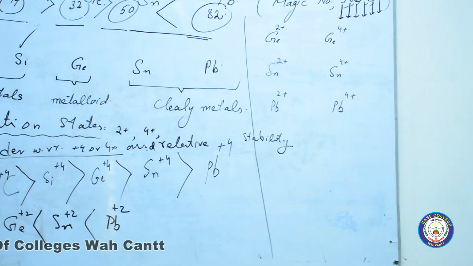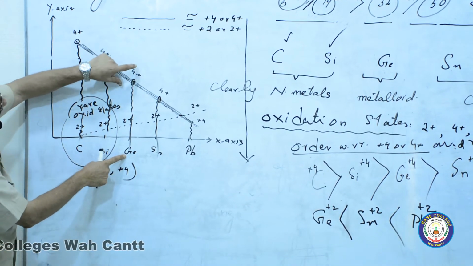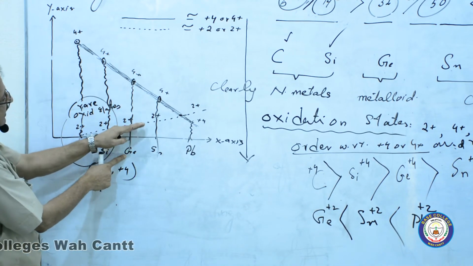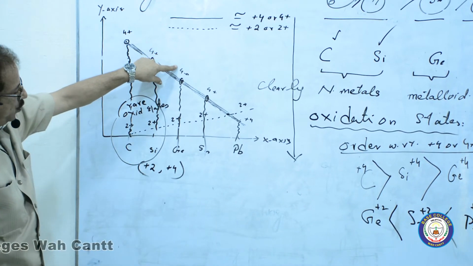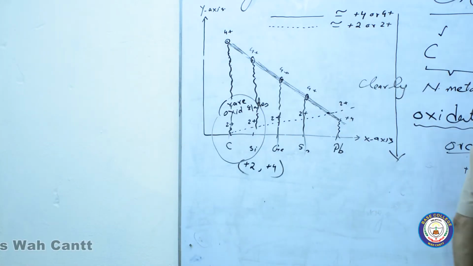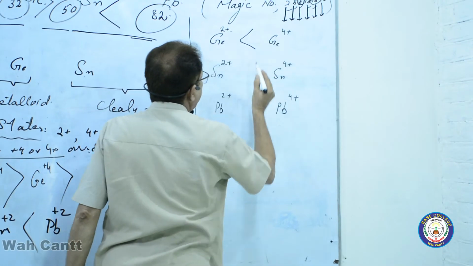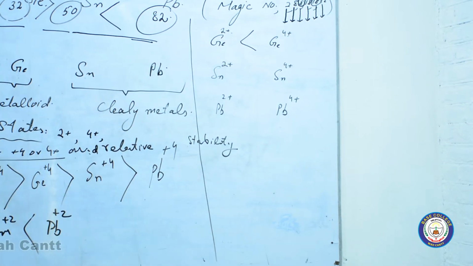Germanium plus 4 is higher than this line. So it means germanium plus 4 is more stable than germanium plus 2.